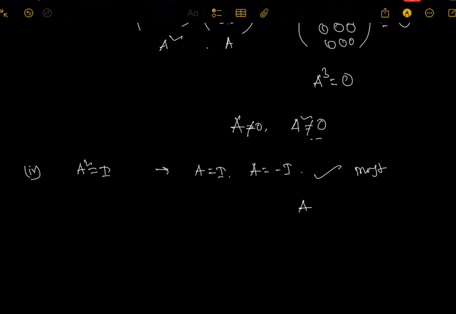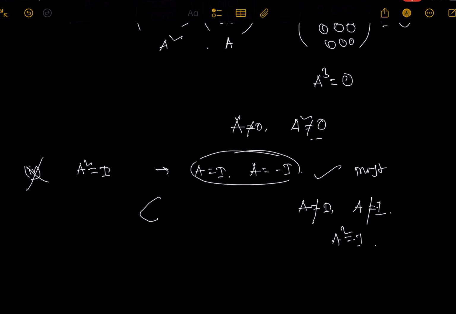A is not equal to I, A is not equal to minus I, but A square equal to I. For this reason, this is a false statement. These two are trivial, but so many non-trivial matrices satisfy this. For this reason, this is false.